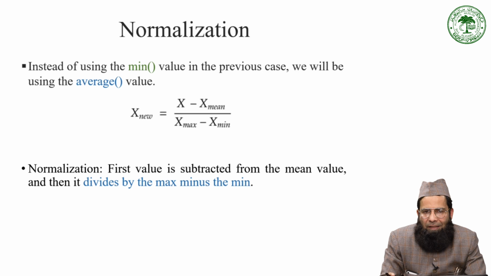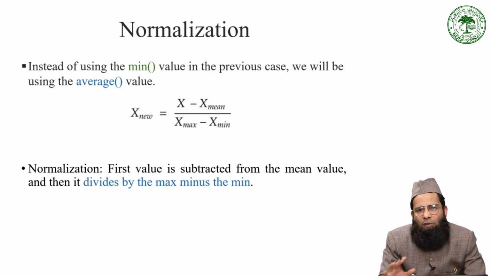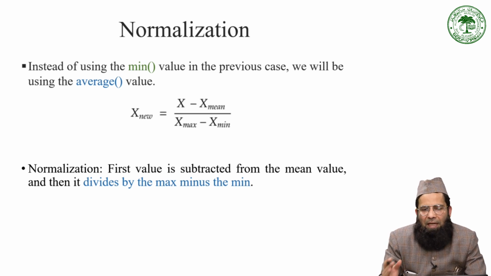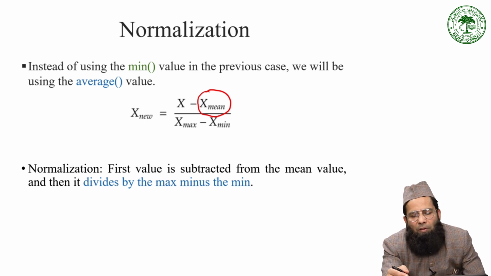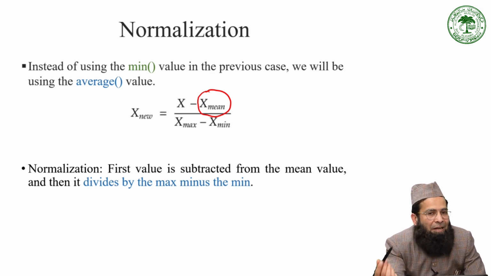Now the next type of scaling that we usually call normalization. So instead of using the minimum value as in the previous case that we had seen, we will be using the mean value. So what we are doing here is subtracting the mean value.